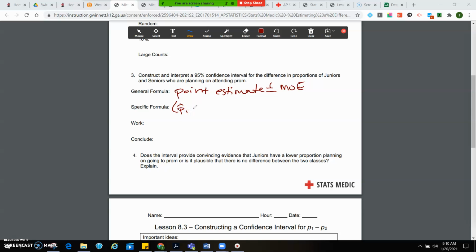You're going to use p hat 1 minus p hat 2 plus or minus the critical value times the square root of p1 times 1 minus p1 over n1 plus p2 times 1 minus p2 divided by n2.